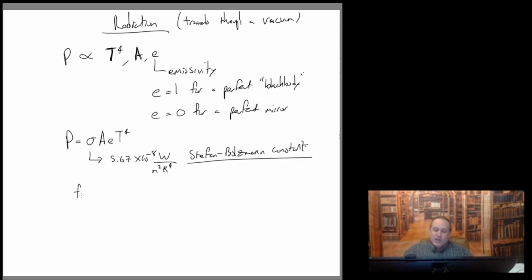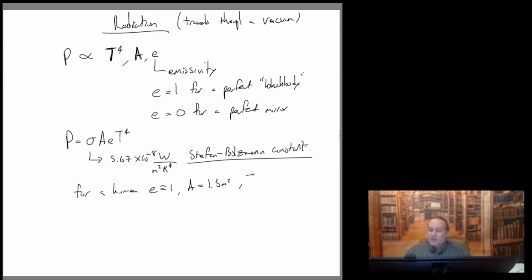And so for a human with emissivity approximately equal to 1 and a surface area of, let's just say, about 1.5 square meters. This would be if you took a whole full outfit and ripped the seams open and spread the cloth out to see how much cloth it requires to make your outfit. Different people are different sizes, but let's say for a particular person, their surface area is about 1.5 square meters.